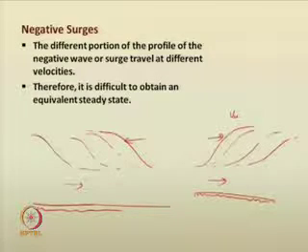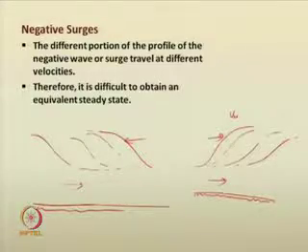Why do we have to analyze the negative surge differently compared to the positive surge? In a positive surge, you have seen that most of the time the front of the wave is vertical. So, you were able to readily apply the equivalent steady state condition to the entire range of that wave. But in the negative wave, the profile is not a vertical front.